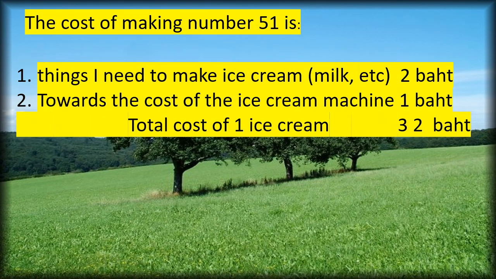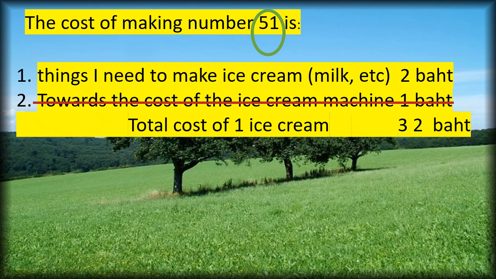So the total cost of making number 51 is firstly the things I need to make the ice cream, the milk and so on, 2 baht, same as before. Secondly, towards the cost of the ice cream machine, 1 baht. No, I don't need to charge 1 baht for the cost of the ice cream machine.